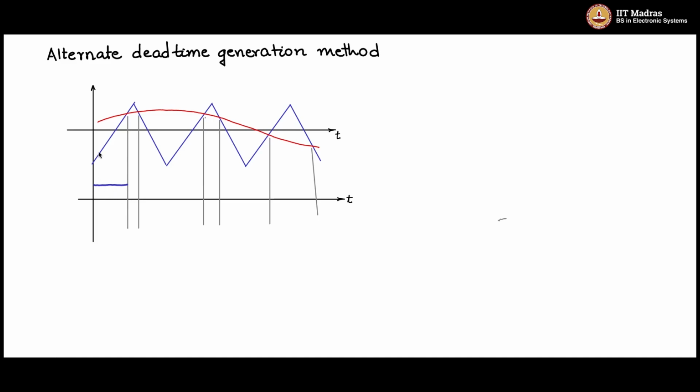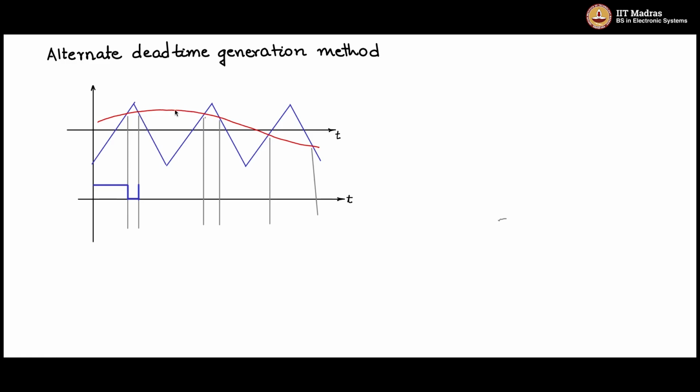So let us say that Vm, that is the red waveform here, is given to the plus input and the triangle is given to the minus input of a comparator. So you will see that during this period, the output of the comparator is high. And during this period, when the triangle is higher than the modulating signal, the output is low, and so on.